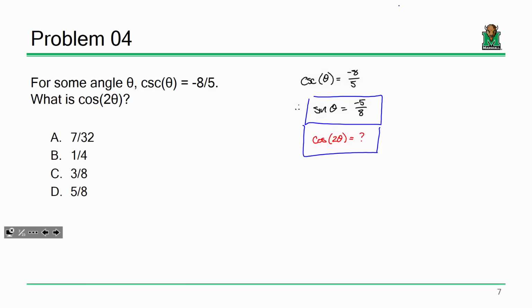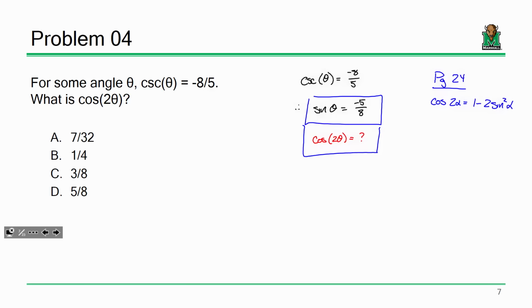What about this one? On page 24, about the middle of the way down, I see that the cosine of 2 alpha is 1 minus 2 sine squared of alpha. Everybody see that?